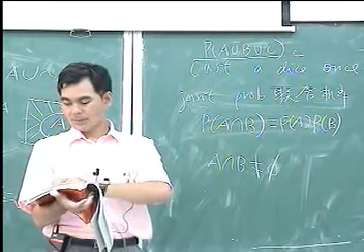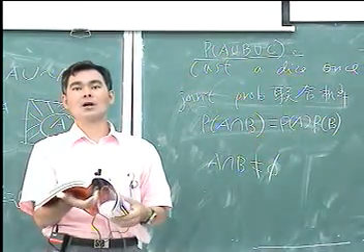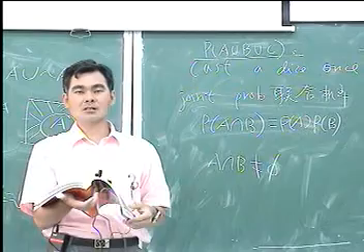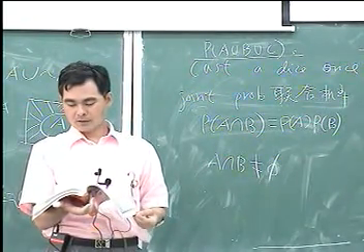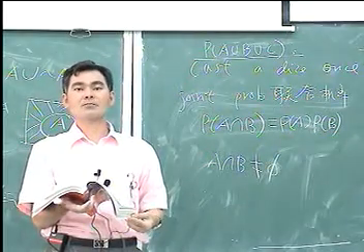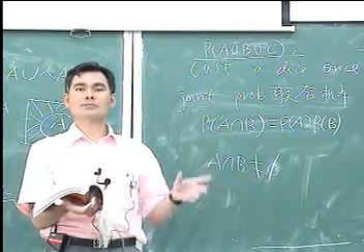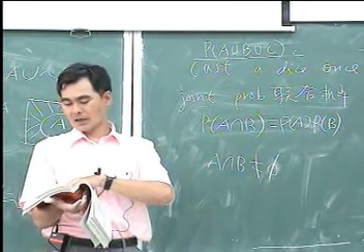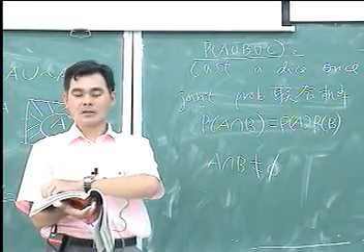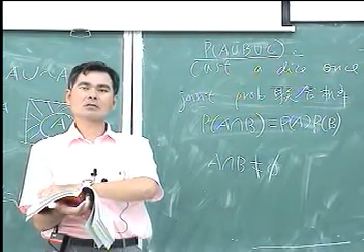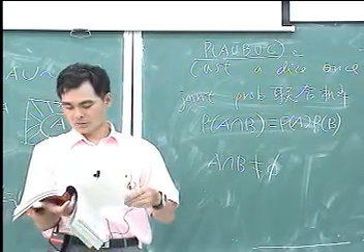If you look at table 5-1 on page 167, it is exactly the same table I put on the board before, just with more items. This is one good example where you can learn conditional probability.